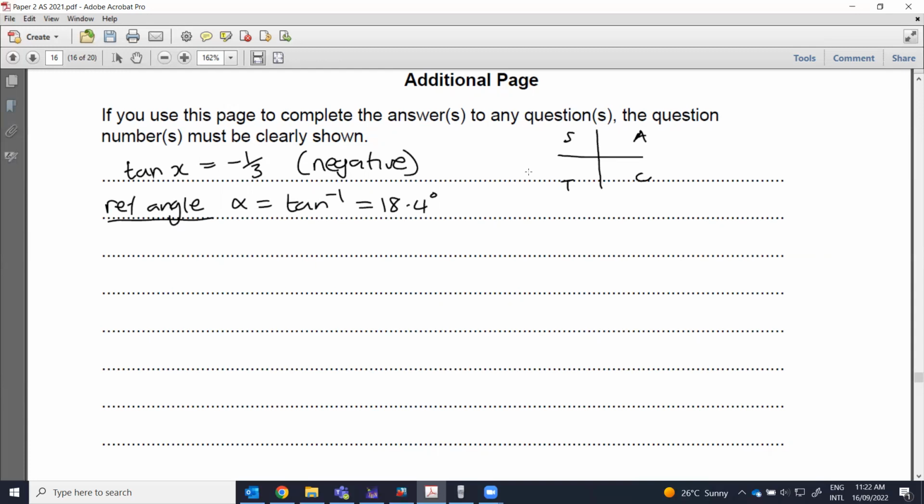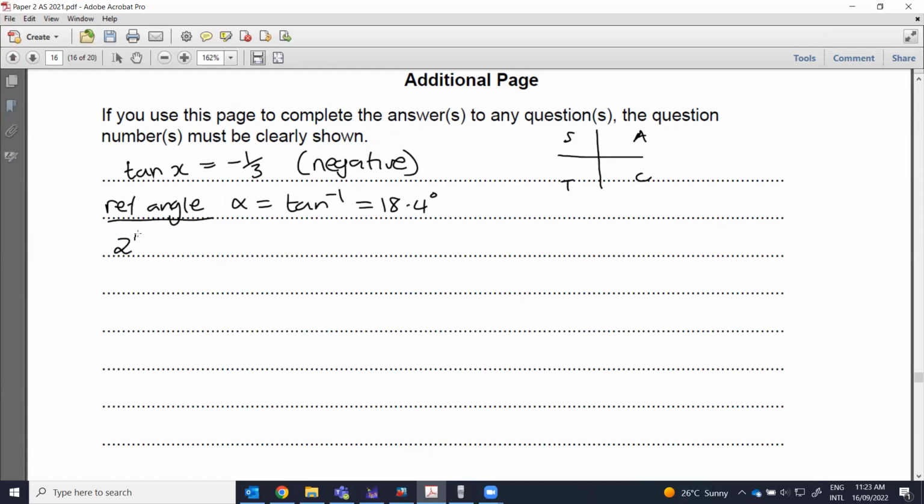So we can find two angles where tan of that angle is minus 1 over 3. The first one is in the second quadrant, and the next one is in the fourth quadrant. But remember, from the question, we only want angles between 0 and 180. So our only solution will come from the second quadrant.